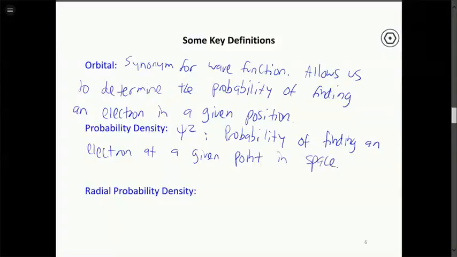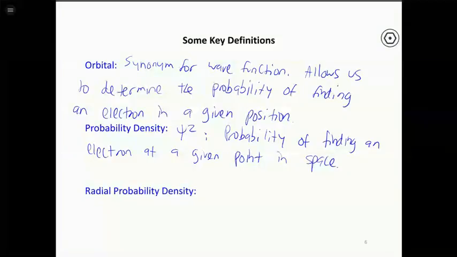All right, so as I said, the wave function can be parameterized in terms of x, y, and z. You pick some random value of x, y, and z, plug it into the wave function, square it, and that gives you the probability of finding an electron at that exact point in space. This is not the most useful parameter, as it turns out, so we'll talk about it a little bit, but the one that's more important is radial probability density, because we think of atoms as being spherical objects, so what we're really more interested in is what's the probability of finding it at a certain distance from the nucleus, not just at any random given point in space.